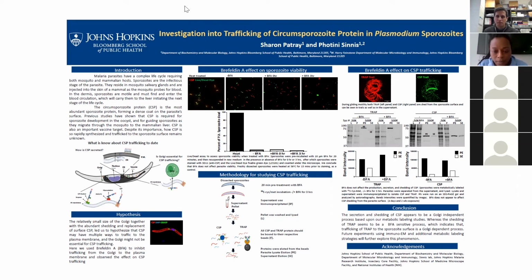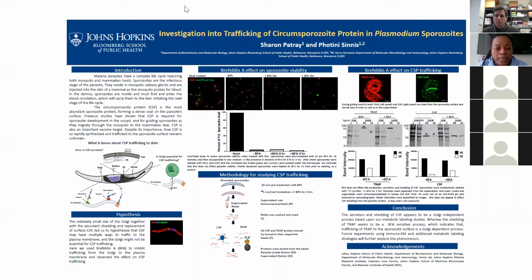The graphs at the right beneath those images are the autoradiograph from the elution of these experiments. On the left-hand side, we have the TRAP graph, plus and minus Fenfluramine A. In that experiment, I loaded the whole lysate, the flow through after the IP, and then you have PE, which is representing the parasite lysate elution from the IP, and then you have SE representing the shed supernatant elution.